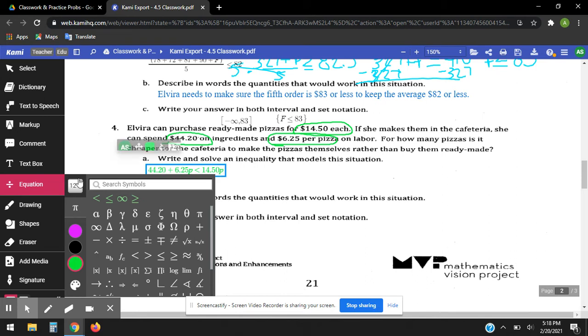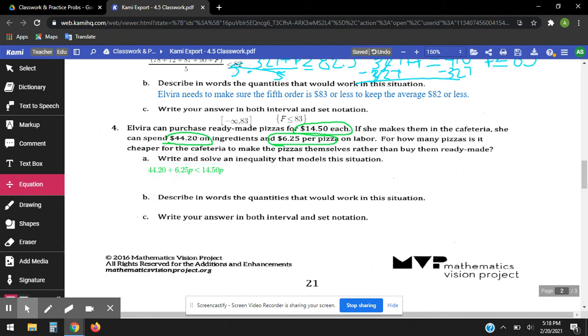So here's where we end up with a variable on both sides of the equation. When they're making it, it costs 44.20 for ingredients and then 6.25 per pizza. Otherwise, they're paying 14.50 per pizza. And so we want to make sure that they're staying less than that 14.50 per pizza.